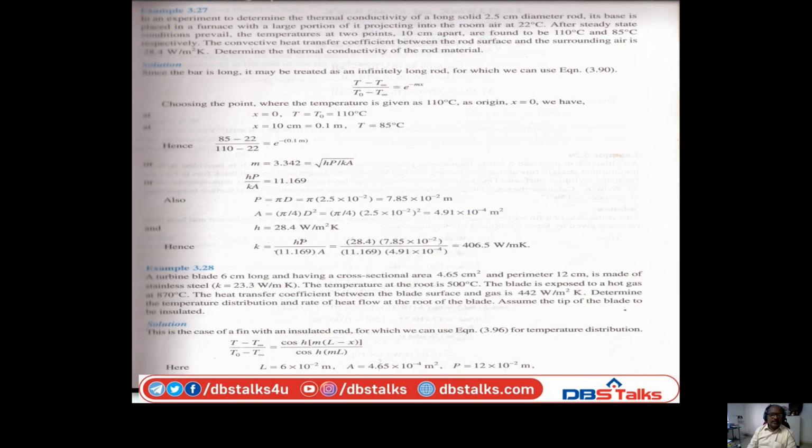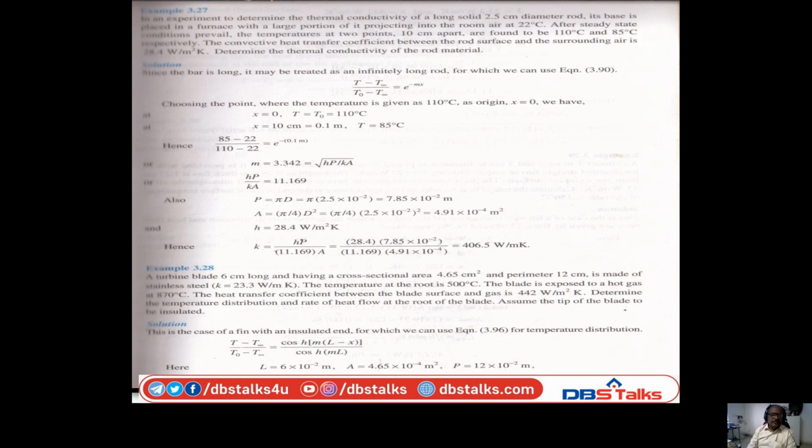How to calculate perimeter? Perimeter is nothing but pi d. Diameter is given, so we can calculate. Cross sectional area is pi by 4 d square. The d value is given, so we can calculate area. And the H value is given.